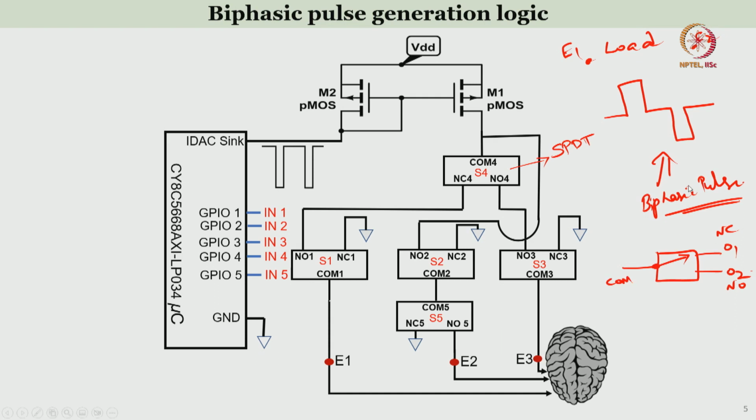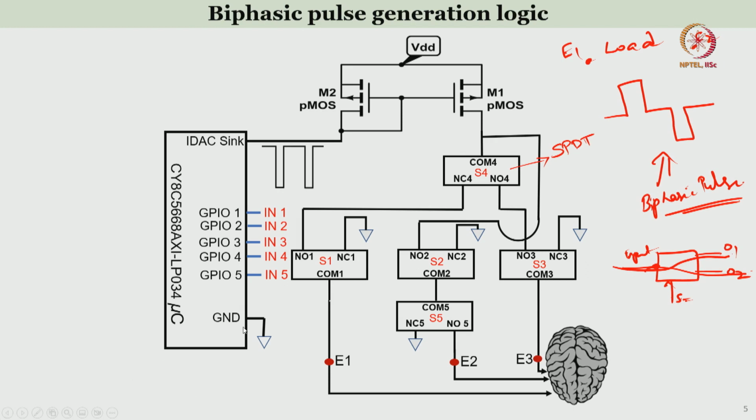But if you look at it, it is like a simple 2x1 multiplexer. There is a select line and there is an input, so based on the select line, the input will be transferred to either output 1 or output 2, right.